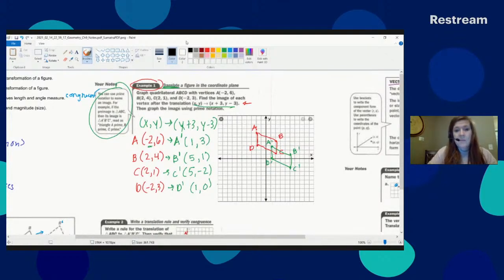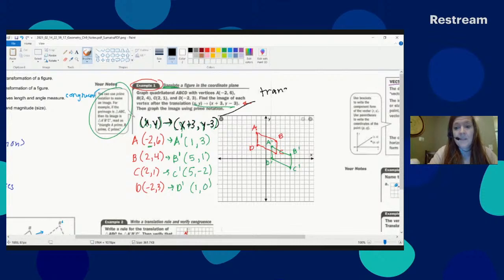Remember the translation was that (x, y) translates to (x + 3, y - 3).